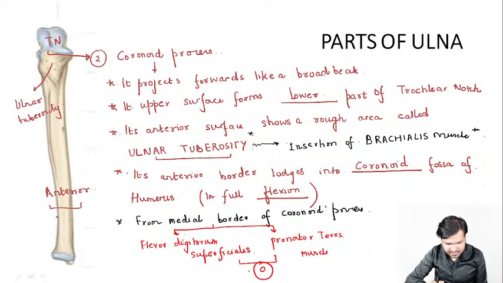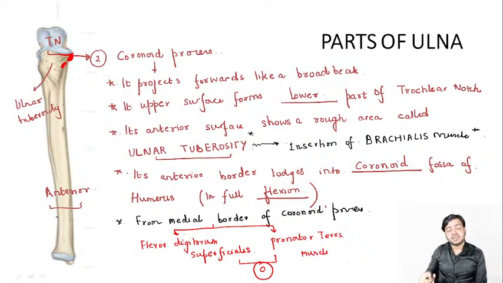Pronator teres muscle. So it is somewhere over the medial border of the coronoid process you will find these two muscles which are attached. So in the anterior view it's like that.